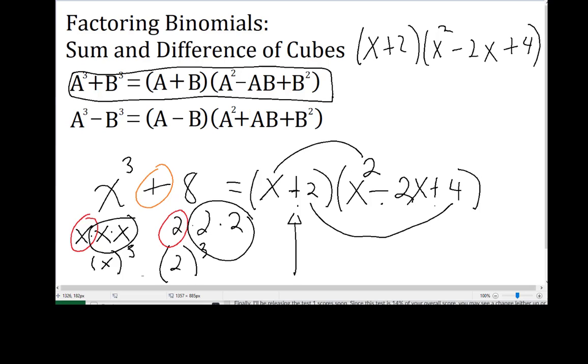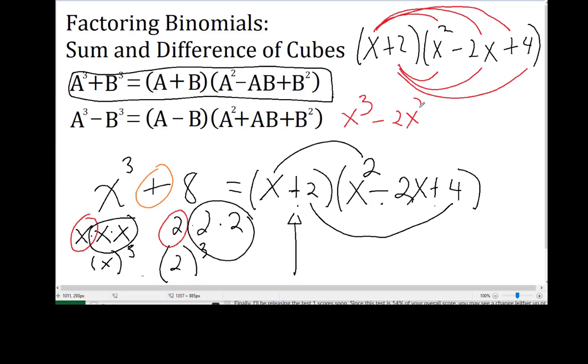Now there's no FOIL rule here because FOIL only works for a binomial times a binomial. So what I have to do is distribute the x to all 3 terms and then distribute the 2 to all 3 terms. So that's going to give me x times x squared, x cubed. x times negative 2x is negative 2x squared. x times 4 is 4x.